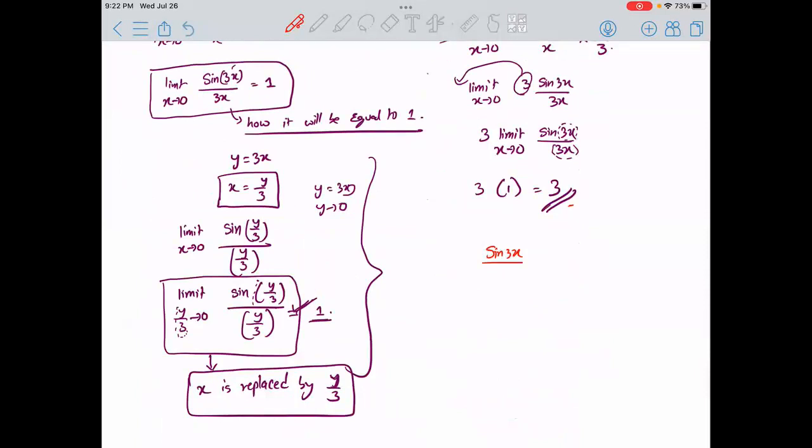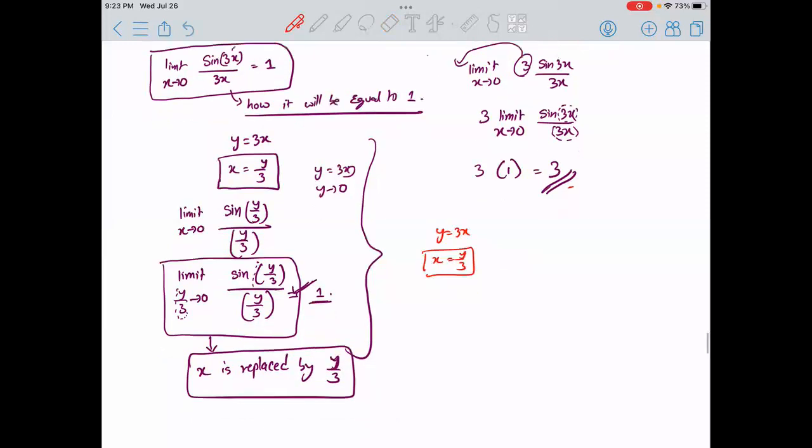Okay, like this. Suppose we just make y equal to 3x. So x equals y by 3. At every place of x, put y by 3. The limit as y by 3 tends to 0 of sin(y by 3) divided by y by 3.